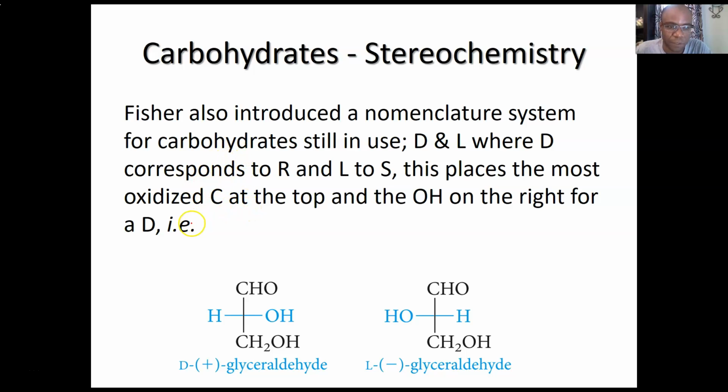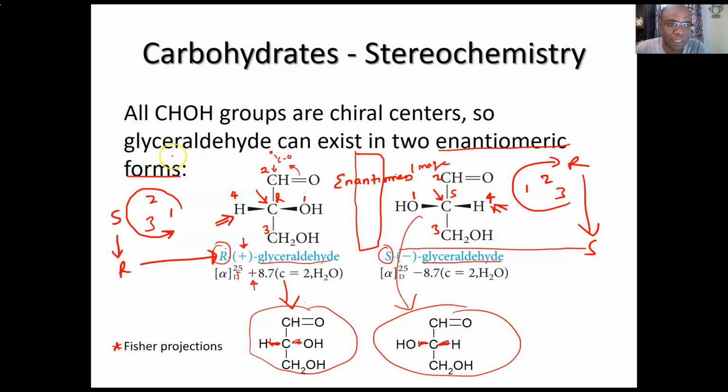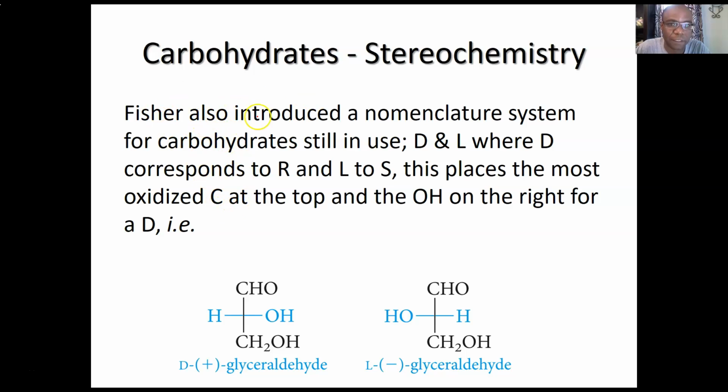Another stereochemistry that you can talk about other than the R and S stereochemistry, one can define the sugars as D and L, where D corresponds to R and L corresponds to S. But the shortcut is this. Look at the tail of the Fischer projection. That's the tail of this triose.